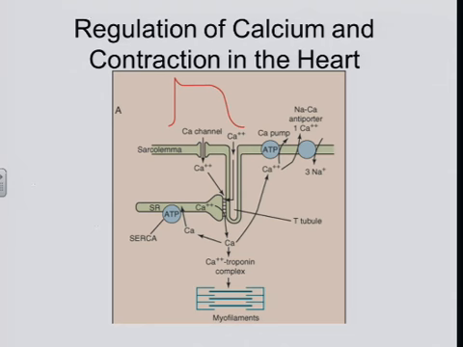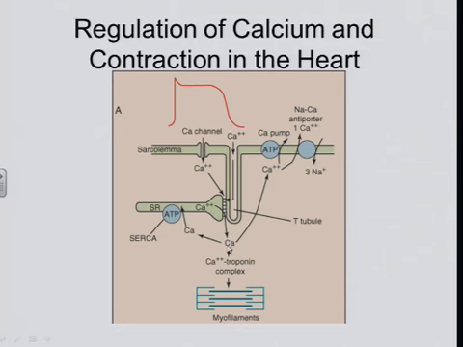So it's calcium-induced calcium release, or CICR. Calcium-induced calcium release is what causes things to go. It's a very complicated process by which the calcium comes in through the L-type channel, diffuses very rapidly across this very, very small space, binds to the ryanodine receptor, and causes it to dump calcium out of here.